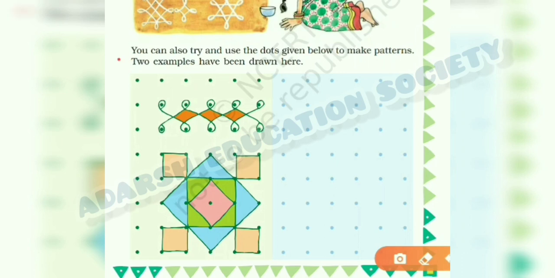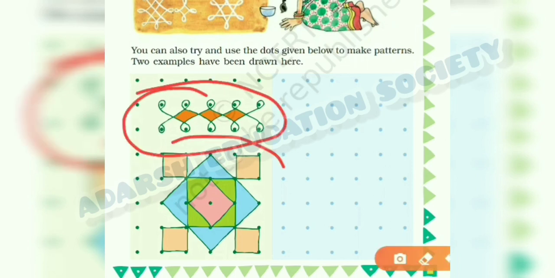Next, you can also try and use the dots given below to make patterns. Two examples have been drawn here. Here we can see the two examples, right? Different dot patterns are drawn here and they color it also.